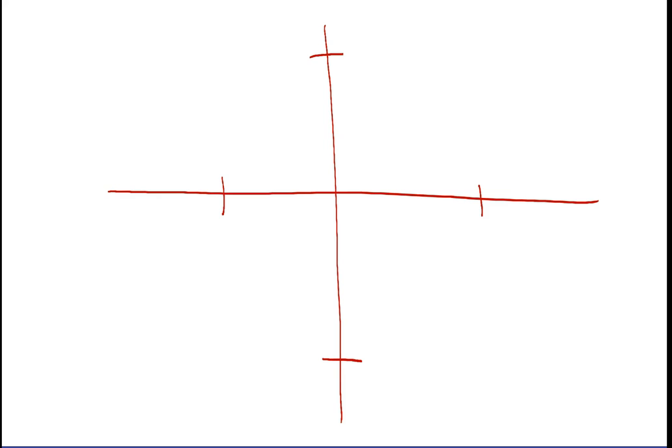But all right, let's go for it. Based upon the previous slide, 0, 0 is the first point. It's at the origin. Pi over 6, or 30 degree angle, we're going to go out root 3 over 2.